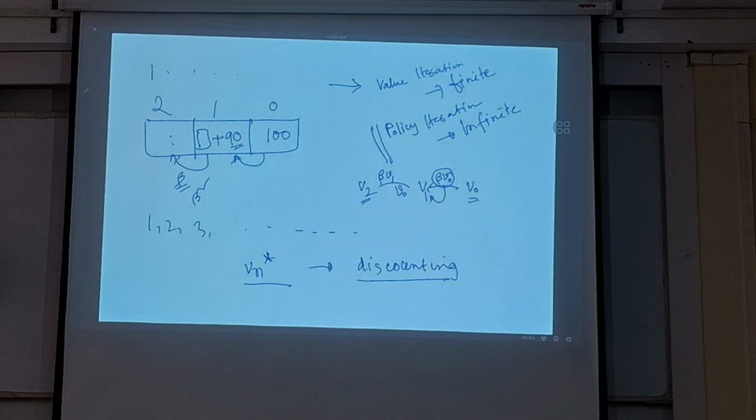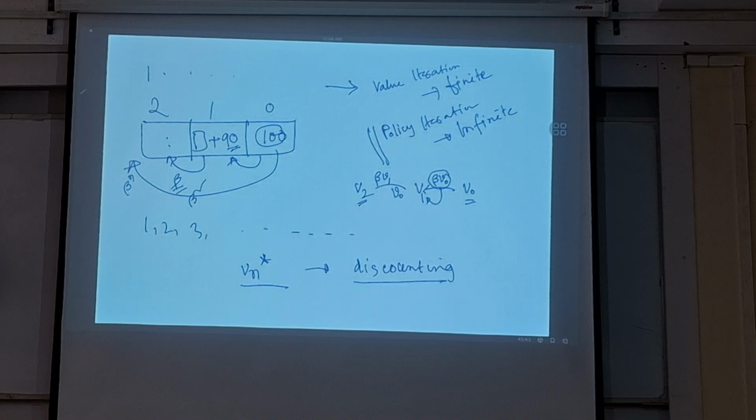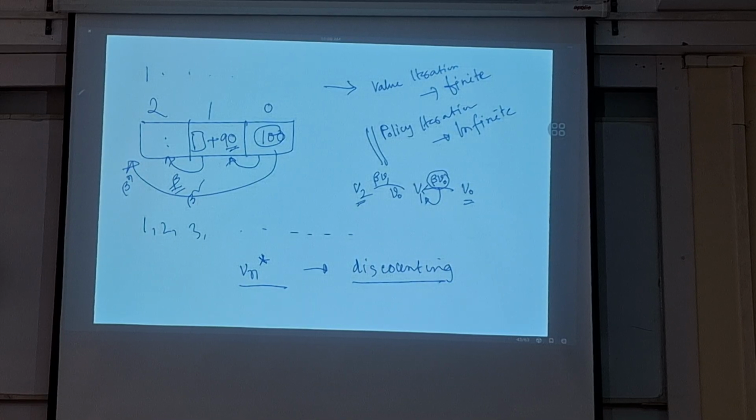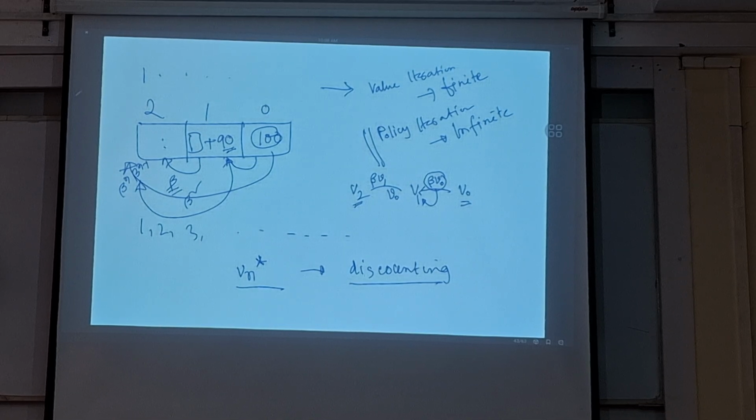If we have n steps, the first one will come after n steps, reduced by a factor beta to the power n. The second one will be reduced by a factor beta to the power n minus 1. In this way, the discounting reduces the impact of this one.